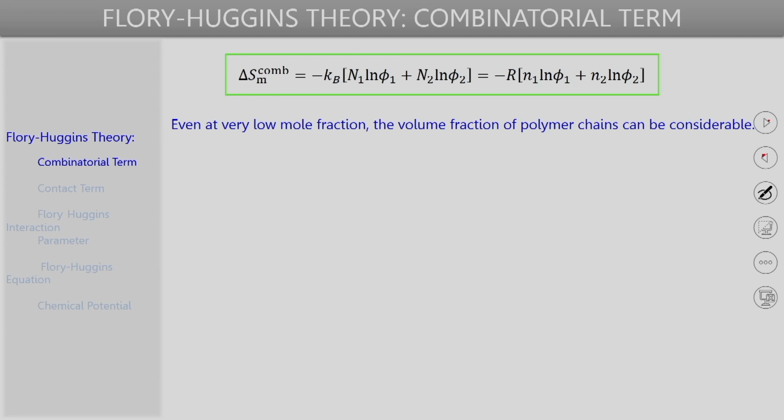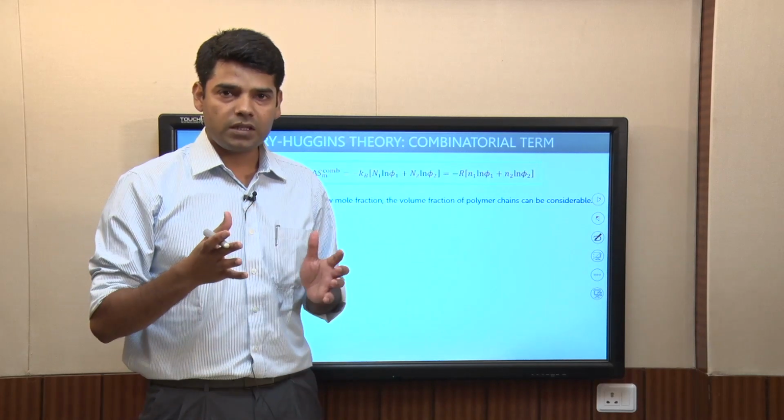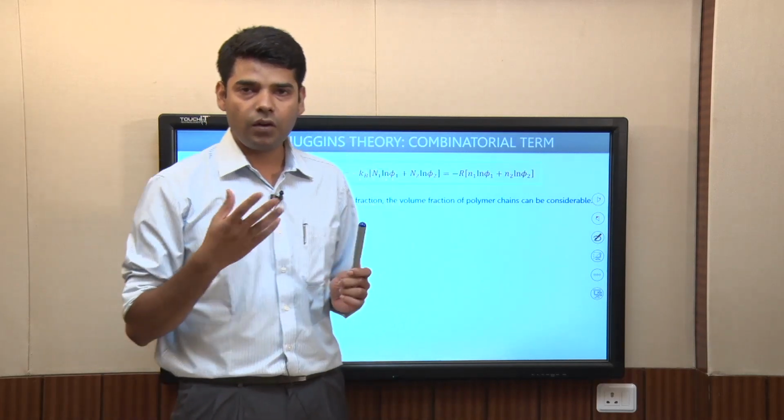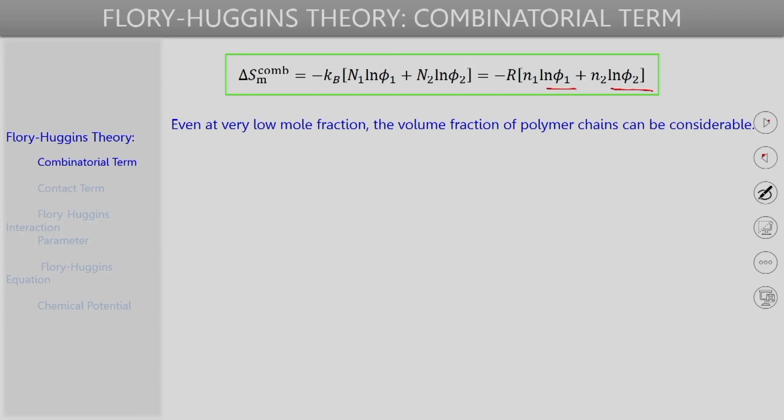So, let's quickly have a look at this combinatorial entropy term a bit more in terms of some numbers and examples, just to get a feel of how the presence of these volume fractions instead of mole fractions leads to a much different value of the entropy change.